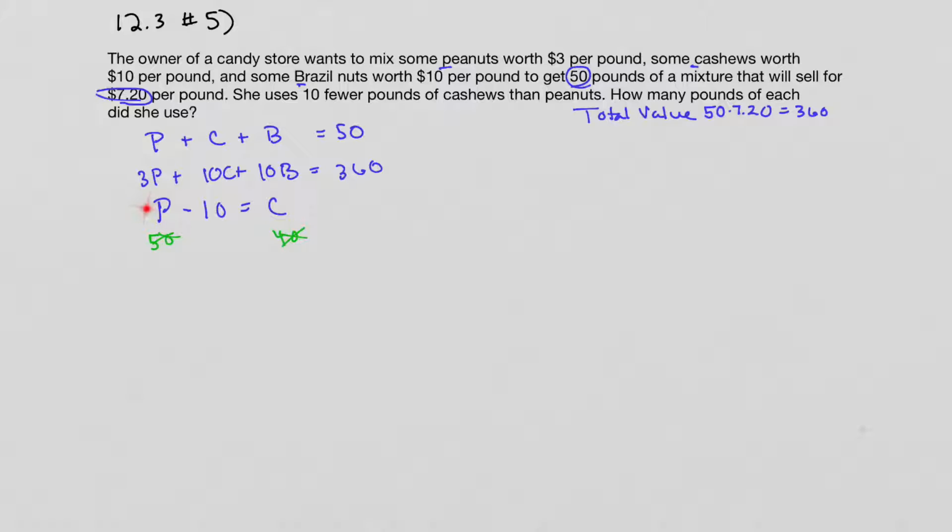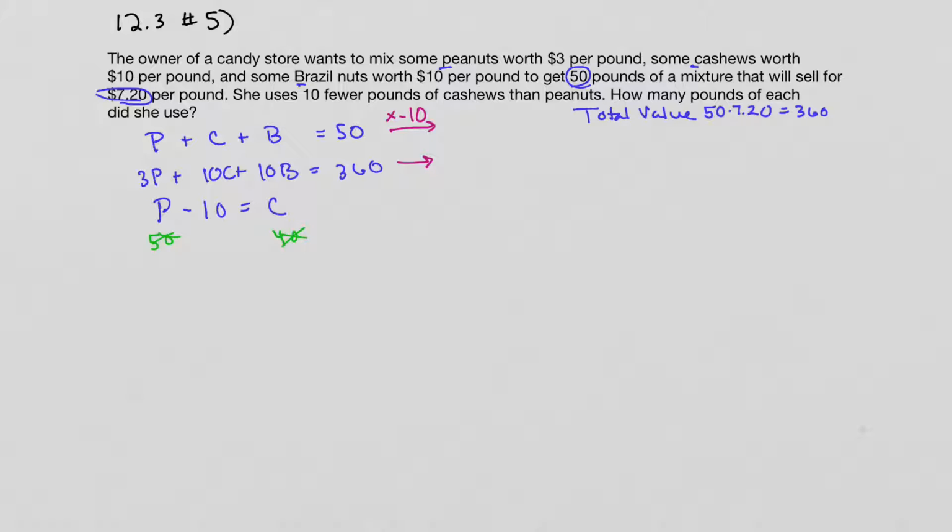So I think that's the method I'll use. I'll use the first two equations and get rid of B there. So I'll multiply this first equation times -10, and then when I add it to the second equation, there will be no more B's. So I'll get down to two equations with just the variables P and C.